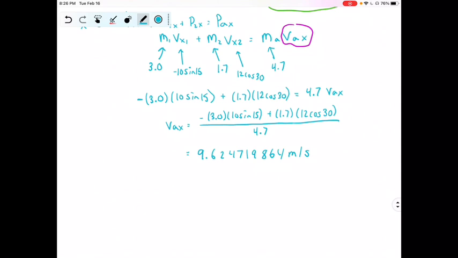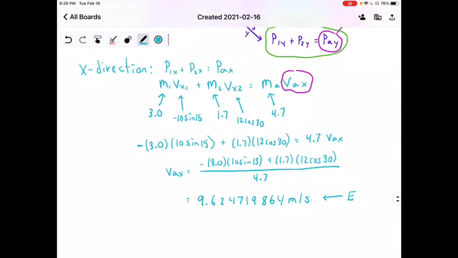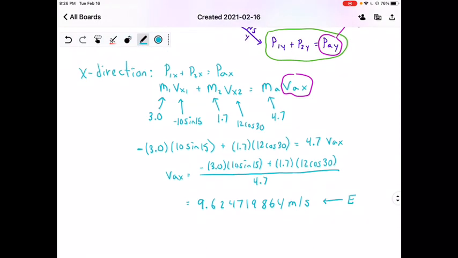You want to keep as many decimal places as you can, so that when you go to do the final calculation, you can round and get the accurate answer. And since this is positive, I'm just going to make a note that what we have is east. If I had gotten a negative answer, I would have taken that negative and rewritten it as a west. So that's the x component of the final velocity. Now let's do the y direction.